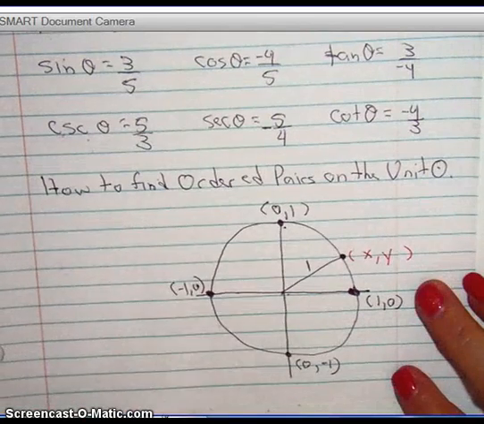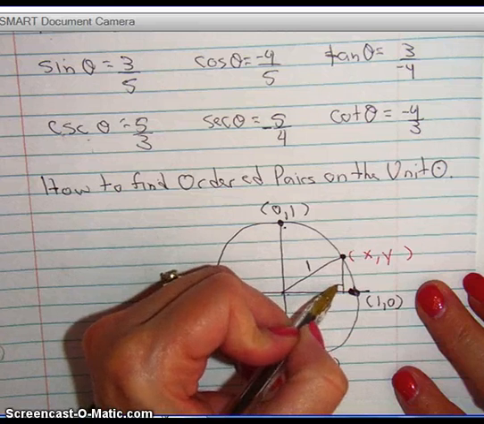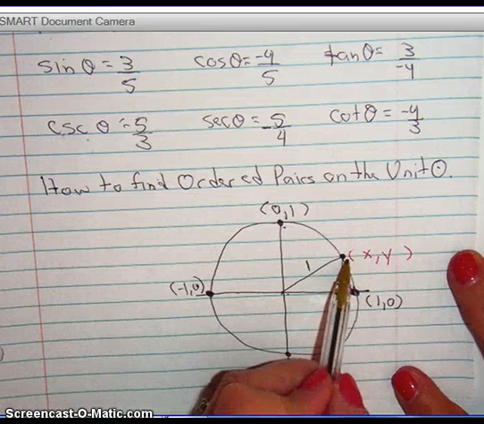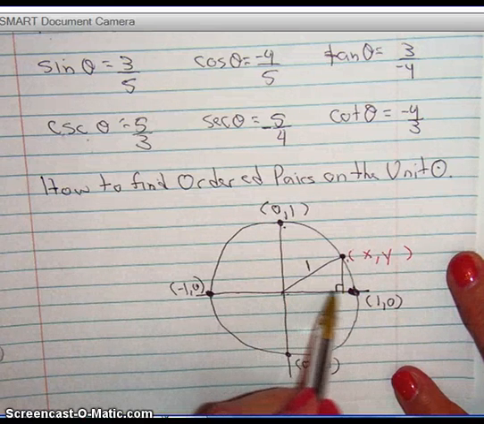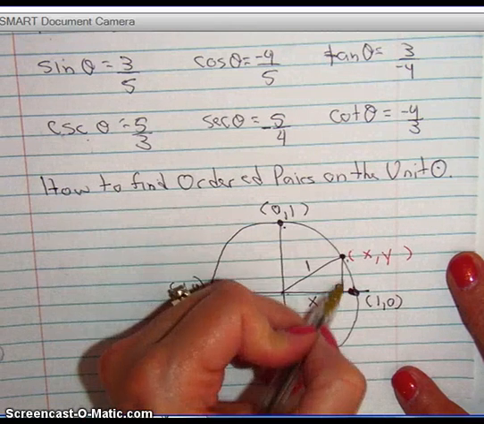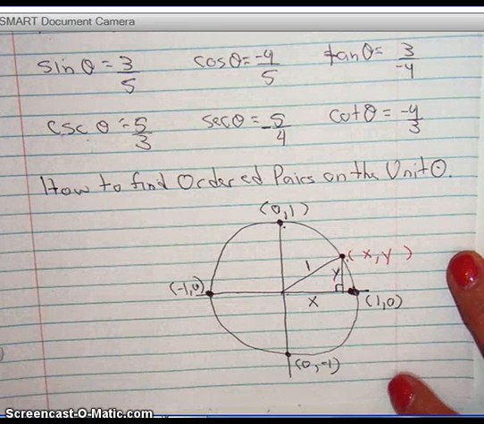Now, let's drop an altitude down. Let's make a right triangle. We know to get to this red ordered pair, we have to go right x units, and we have to go up y units. Now, does that make sense to everybody so far?